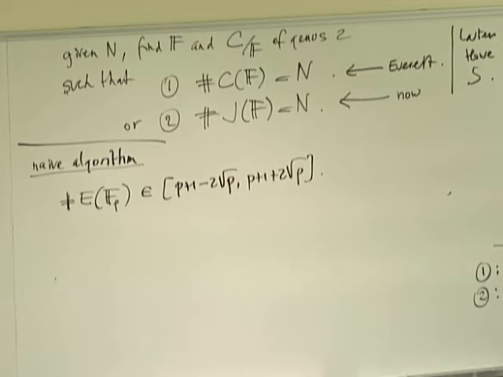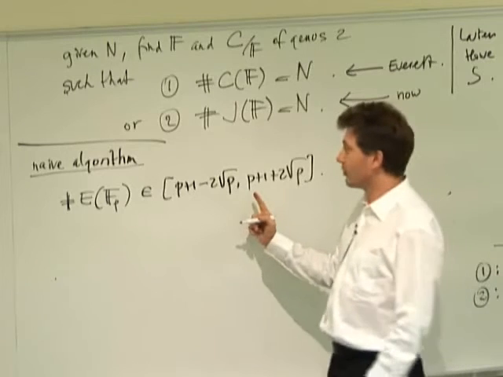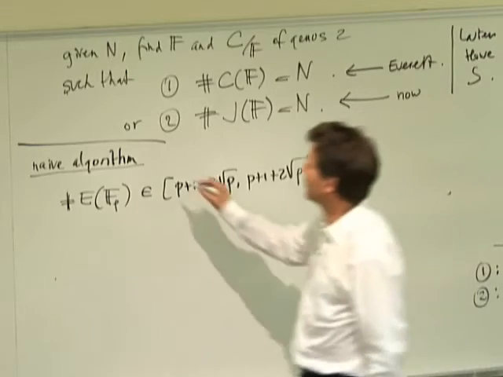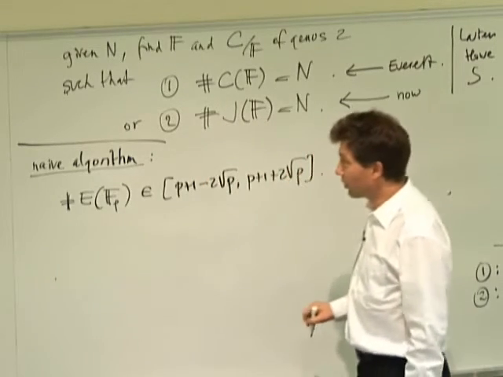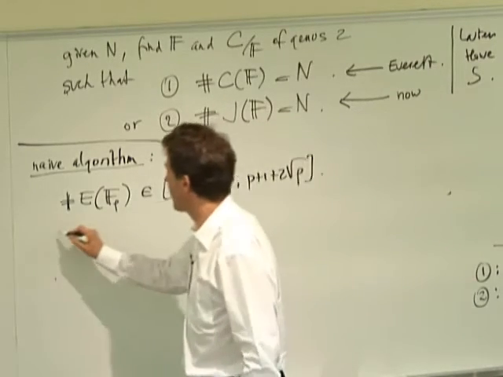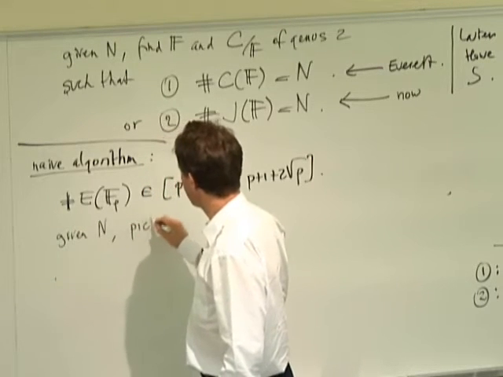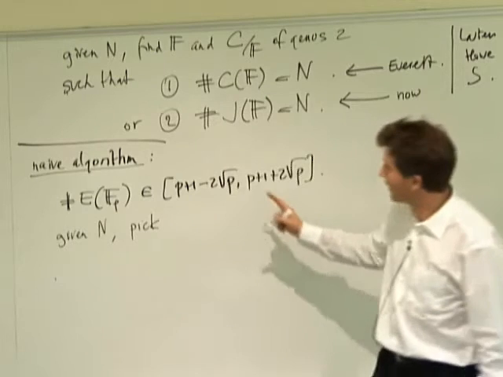And conversely, any element in this Hasse interval arises as the order of some elliptic curve over F_p. So the naive algorithm is just try random curves, so that means given n, you pick a prime such that n lies in this interval.